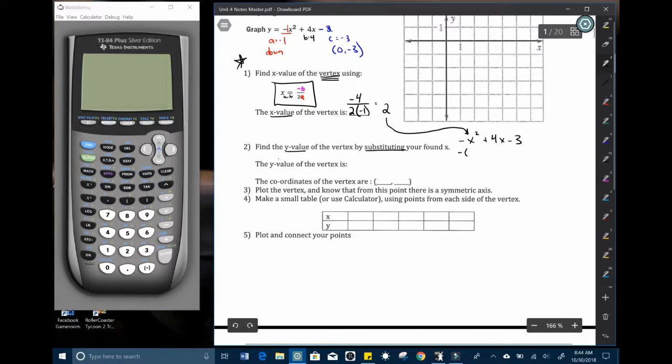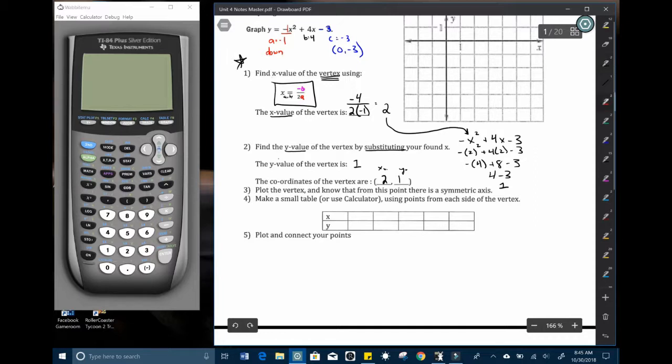So negative 2 squared plus 4 times 2 minus 3. Okay, this is where all of our stuff starts coming together. So negative 4 plus 8 minus 3. That's 4 minus 3, or just 1. So the y value is 1, which means our vertex is (2, 1).